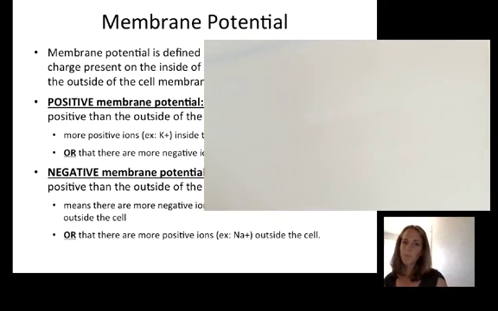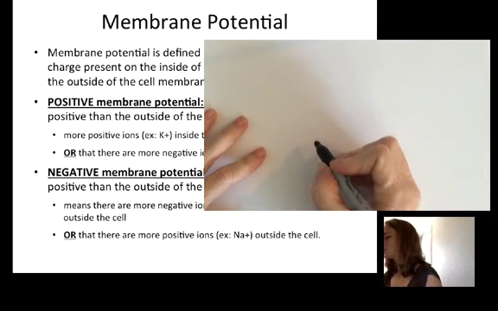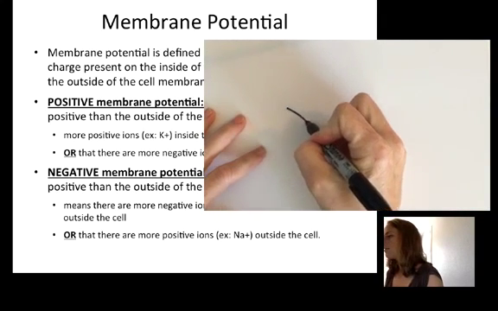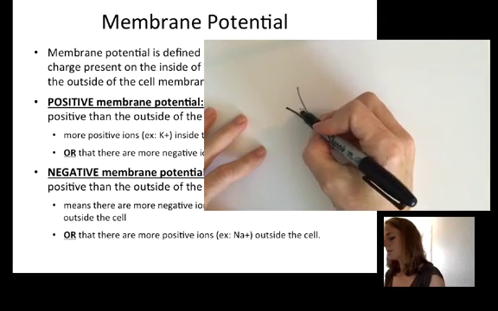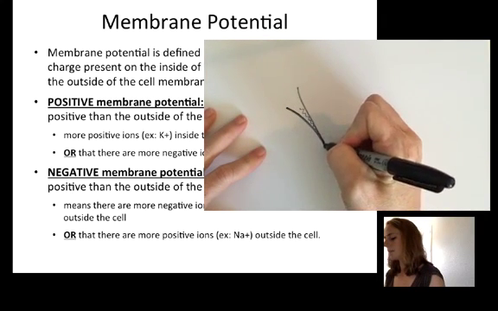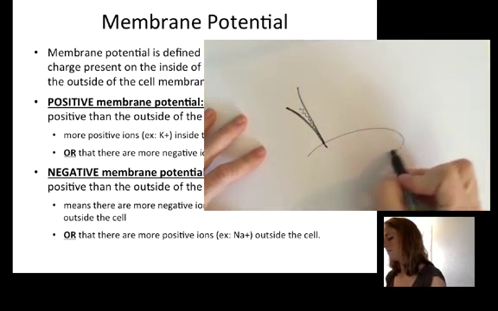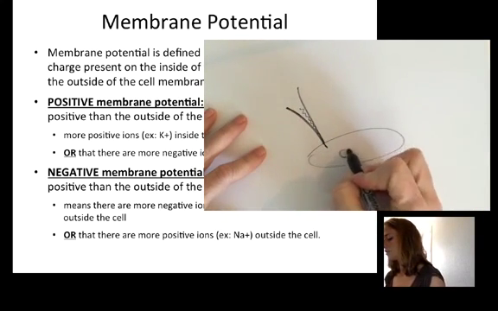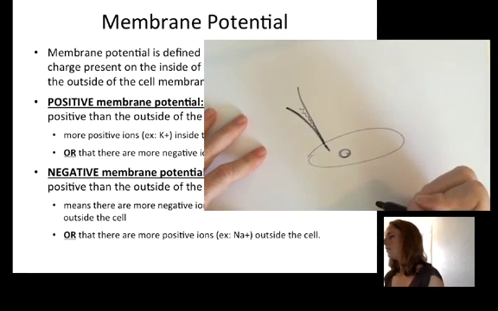Okay, so for membrane potential, generally these experiments are done where you have an electrical wire or some other electrical way to measure the inside of the cell. So we've got a cell that is sitting in a dish and an electrical recording apparatus inside.